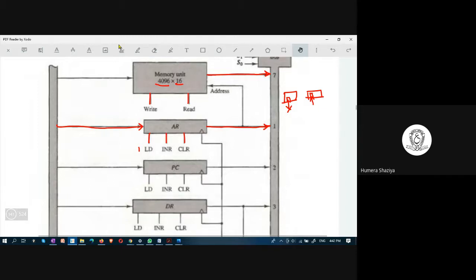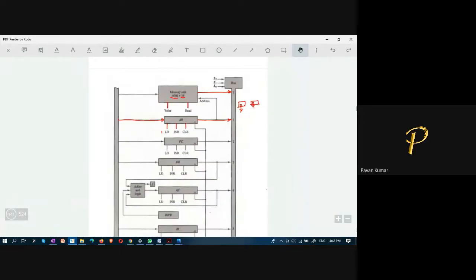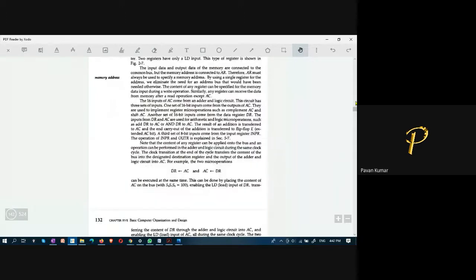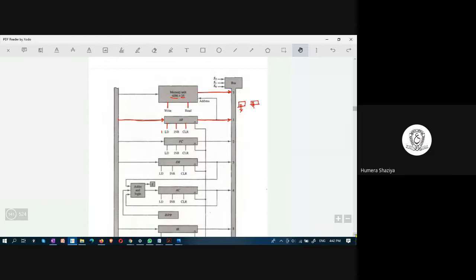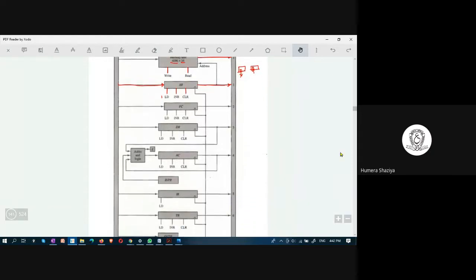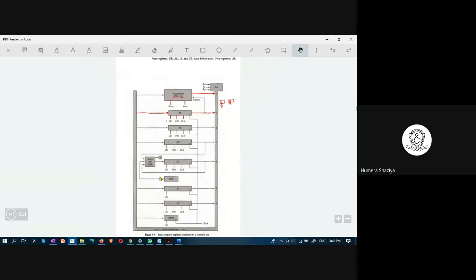Do you understand this bus? Ma'am, repeat once again. Okay. Just give a glance to this complete picture of the bus.